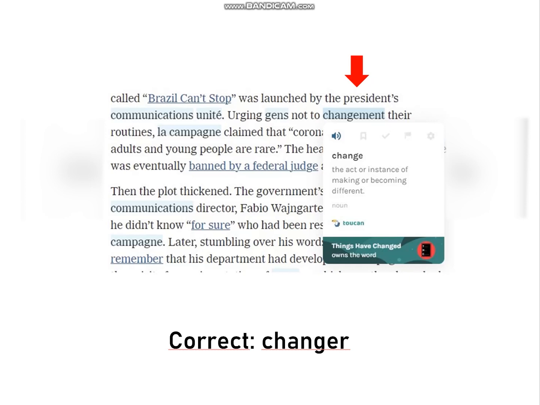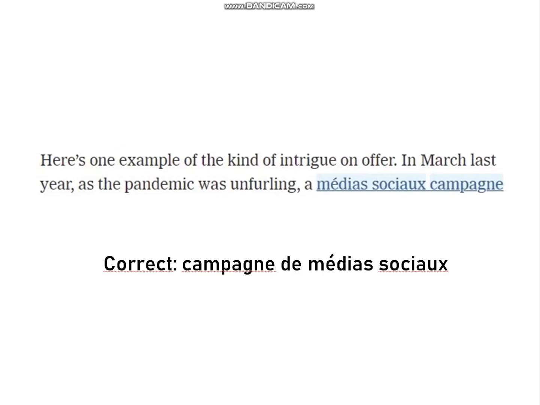Here the social media campaign is out of order. If you consider the English social media, that's médias sociaux, that's correct. And campaign is campagne, also correct. But in French, the adjectives come after the noun, unlike English. So you would have to say campagne de médias sociaux.